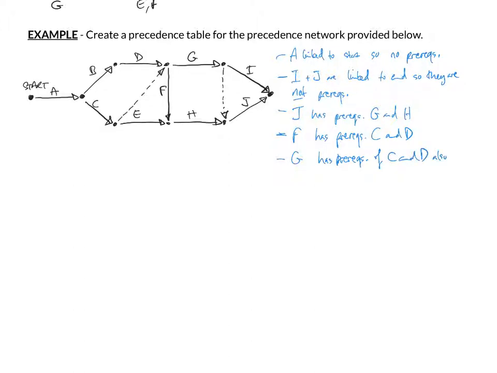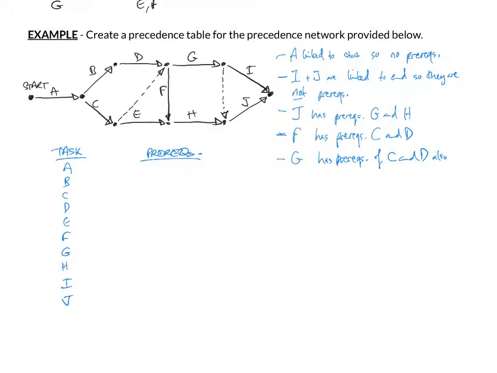So with that thinking out of the way, we can start drawing up the precedence table, task, and the prereqs. So do them in order. We know we go from A down to J, so A, B, C, D, E, F, G, H, I, and J. Okay, so going through the prerequisites.